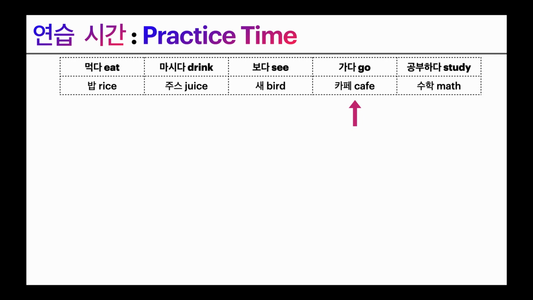And you might also sometimes hear this one pronounced as 카페. 카페. I've been told that both are correct, but just in my experience alone, I've noticed that I seem to be much more understood whenever I say 카페, so that's how we're going to say it today. Next we have math, which is 수학. 수학.